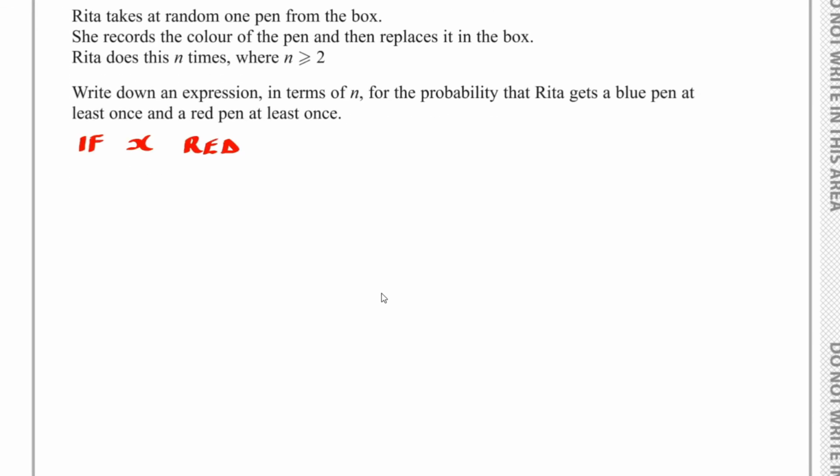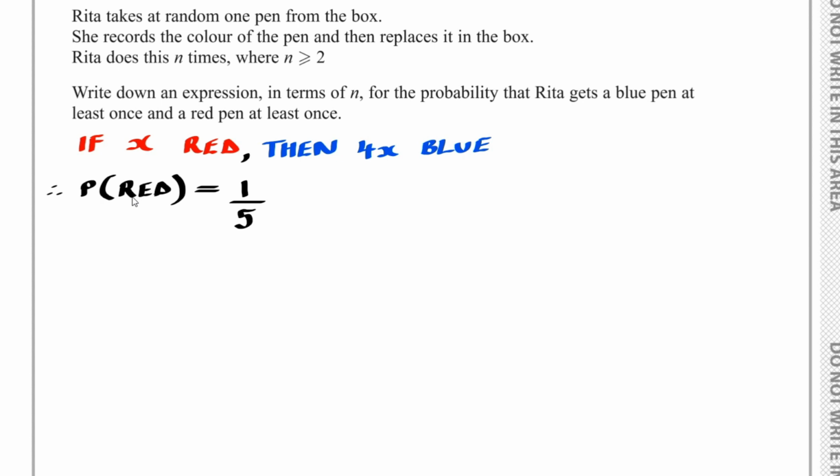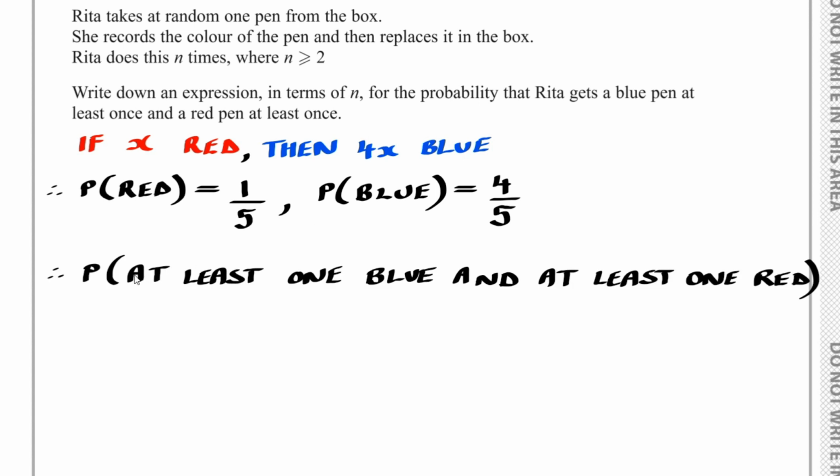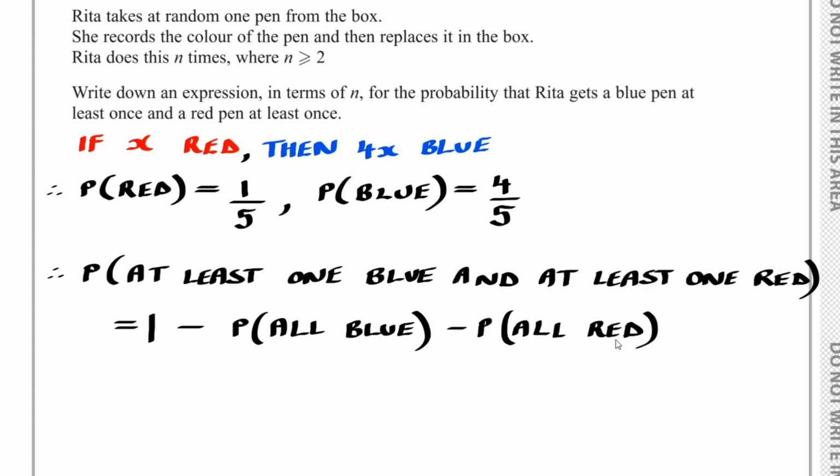So if we've got x red, that means we've got 4 times as many blue, which means we've got 4x blue. So the probability of getting a red will be 1 over 5, and the probability of a blue is 4 over 5. So we want the probability of getting at least one blue and at least one red. So that's equal to 1 subtract the probability of getting all of them blue, subtract the probability of getting all of them red.